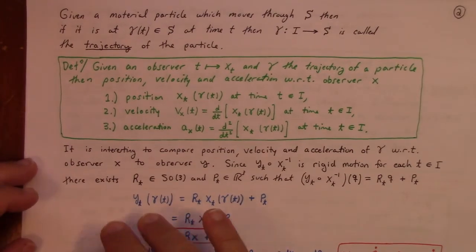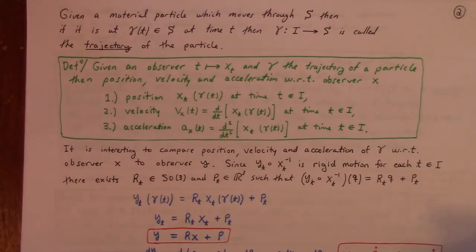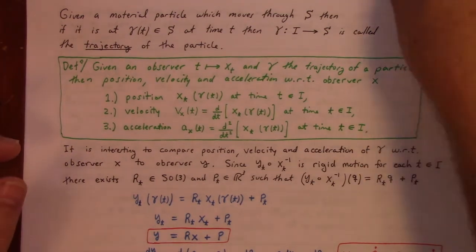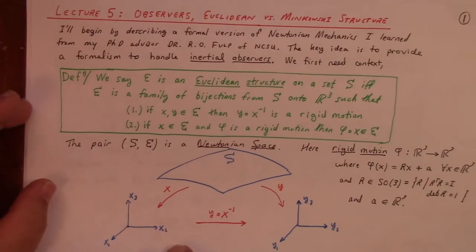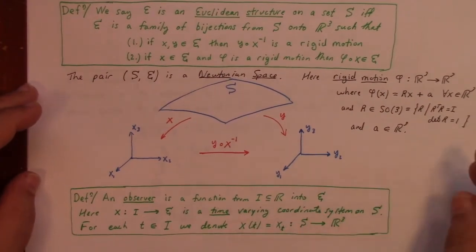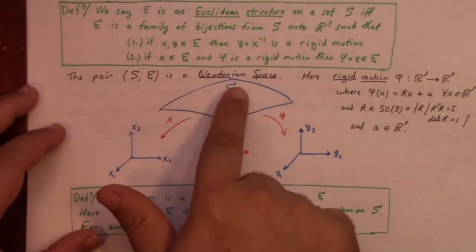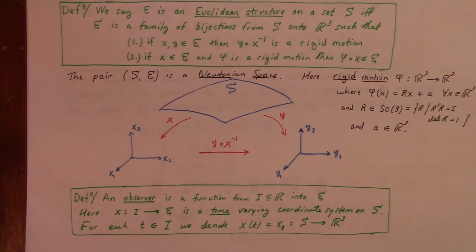And I found it really interesting, this way of formalizing classical mechanics and coordinate change in terms of a rotation matrix and a shift and the derivatives thereof. It's nice. And also the whole idea that an observer is a mapping from time into Euclidean structure, and the pair of physical space and Euclidean structure is what we would call Newtonian space, perhaps.